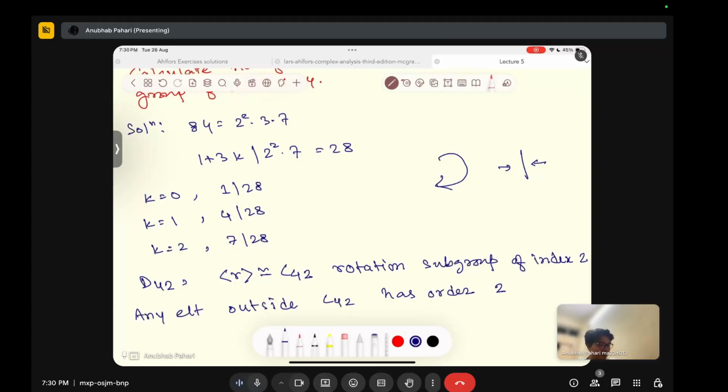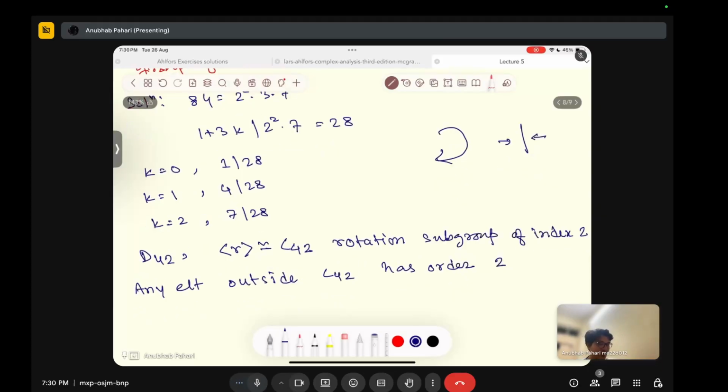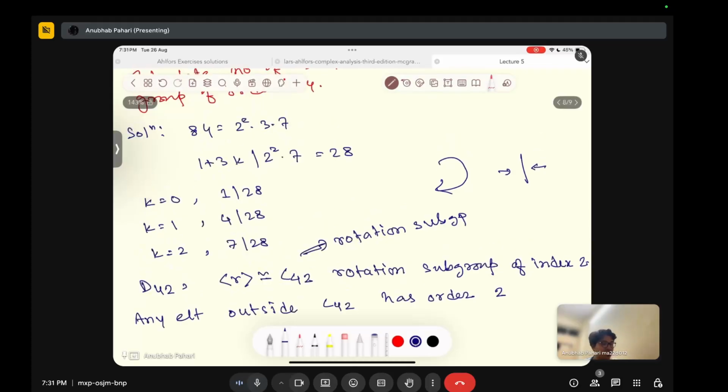Okay, let me say this: I have not taken half of 84. C42 is the unique subgroup, that is, the rotation subgroup.